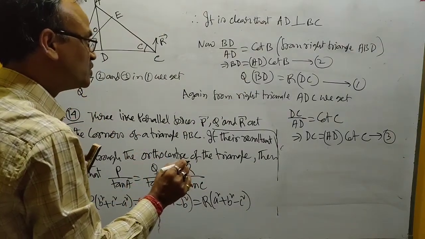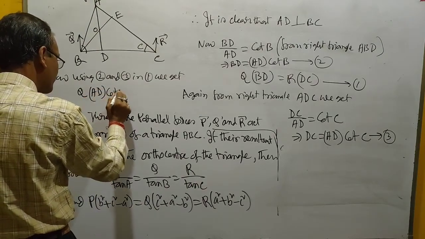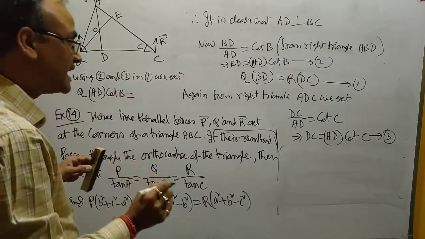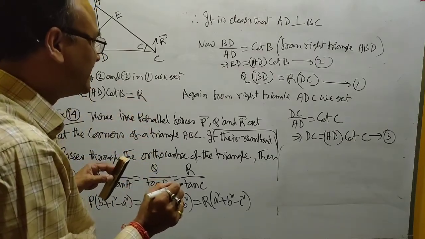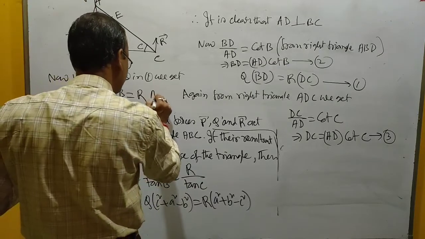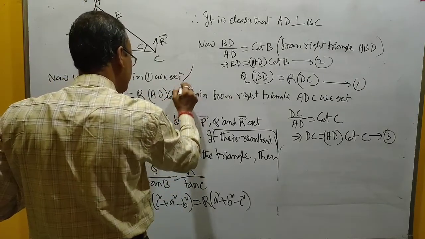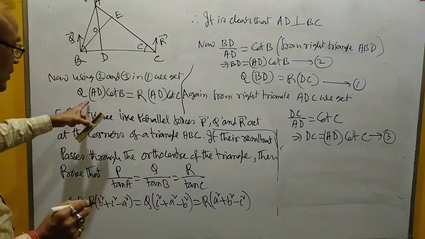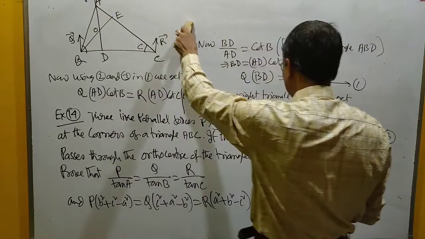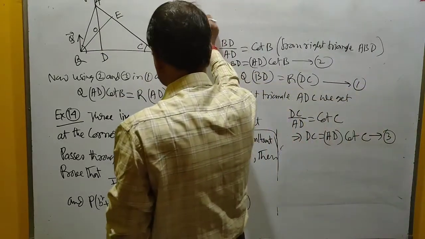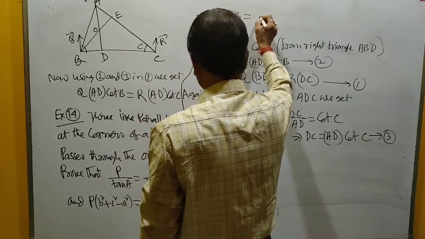BD is equal to AD cot B, equal to R into DC, which is AD cot C. Now AD will be cancelled. This means Q cot B equals R cot C.